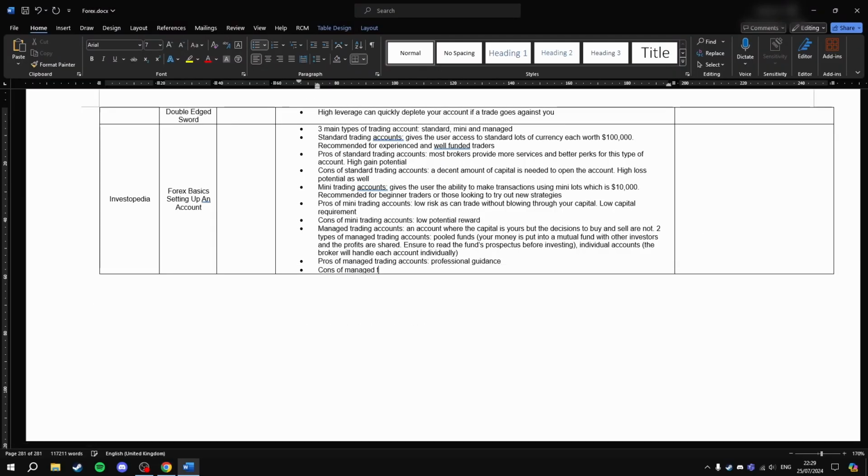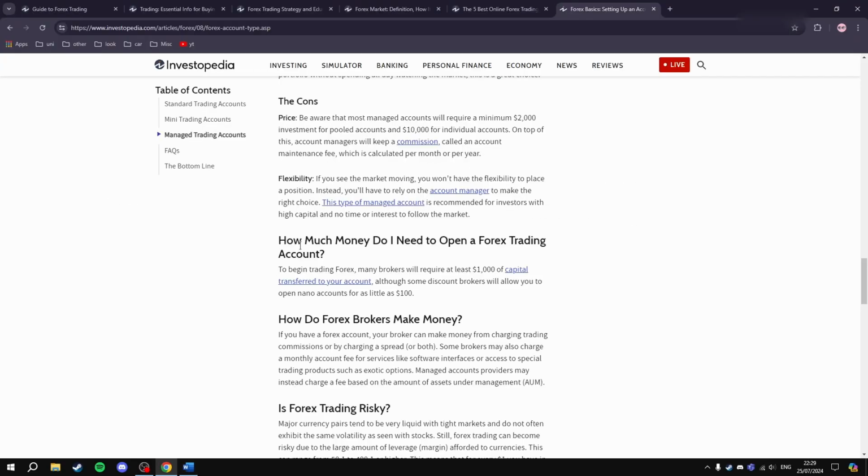The cons of managed trading accounts. Price. Be aware that most managed accounts will require a minimum 2,000 investment for pooled accounts and 10,000 for individual accounts.